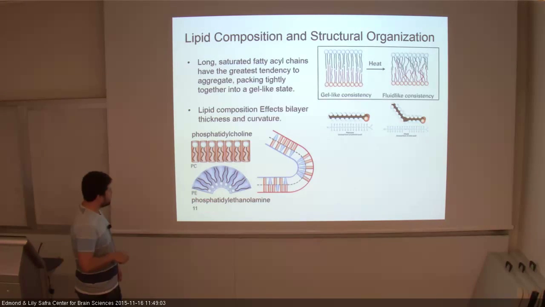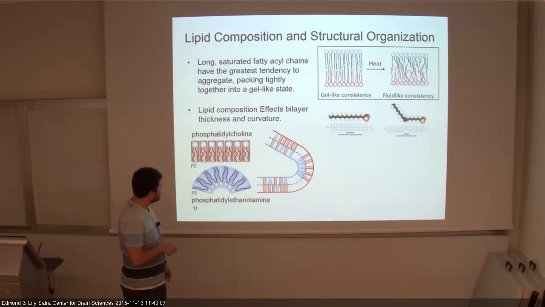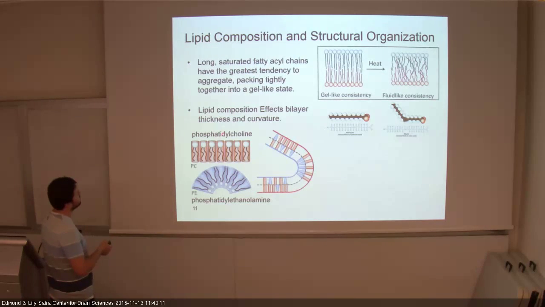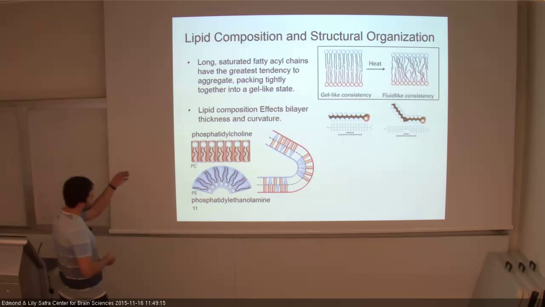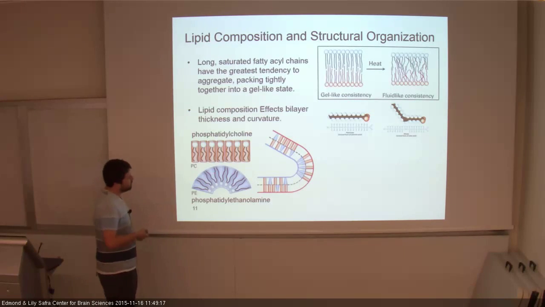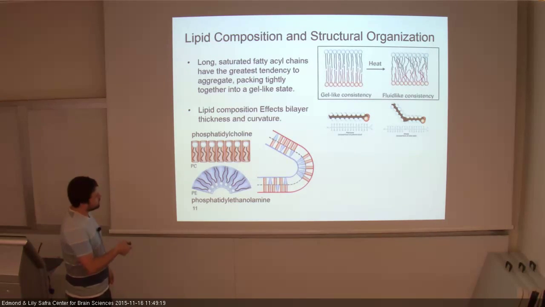This is phosphatidylethanolamine, and phosphatidylcholine tends to be more linear or more cylindrical in shape. So many times, if you find these curvatures in the membrane, they will be formed because you have more of these types of lipids that are around here, and these types of lipids which are in the outside areas of the cell.